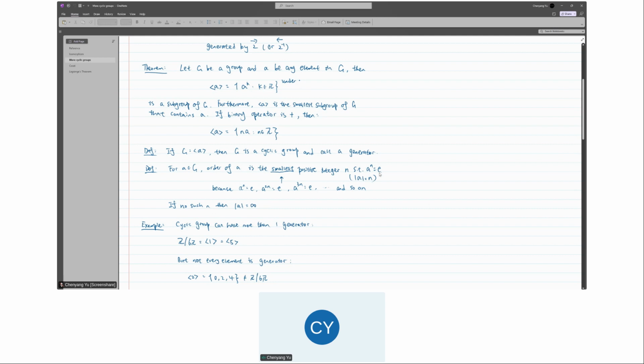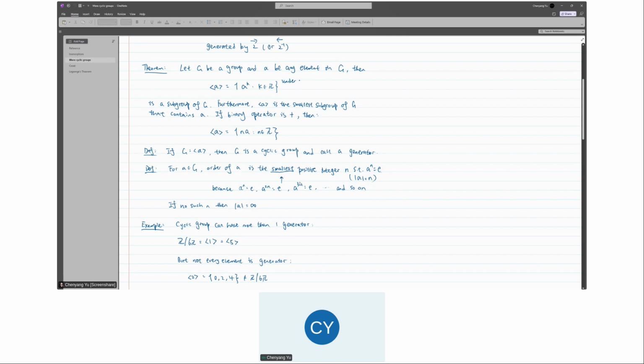If that n exists, then A has a finite order, and we denote that as |A|, A modulus, A absolute value, whatever, equals n. Otherwise, we say the order of the element is infinity.